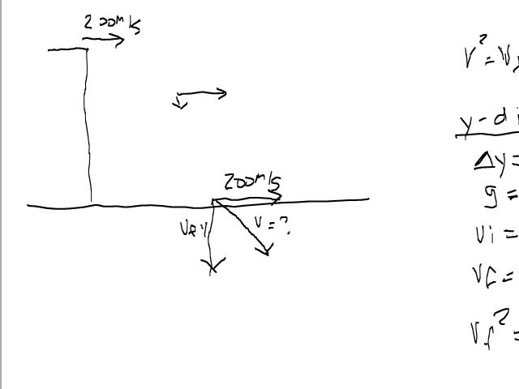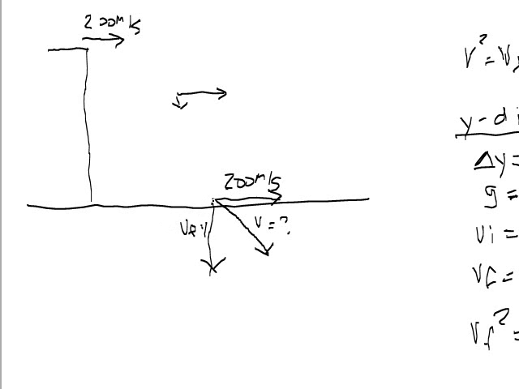The last thing we're asked to calculate is the velocity of the object just before impact. By the time this thing reaches the ground, right before impact, it's moving horizontally at 200 meters per second. And after 3.2 seconds, it has obtained some final vertical velocity.